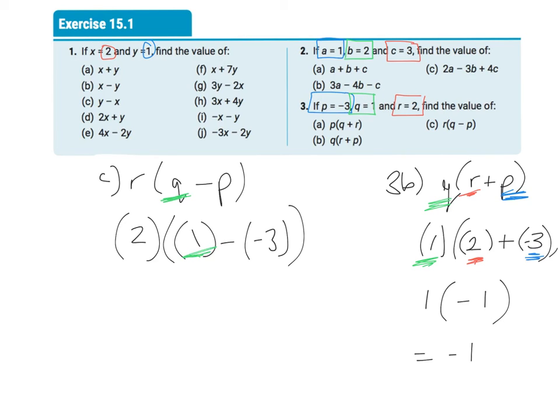Q is here, which is 1. R is 2. And P is minus 3. So we're going to work out the brackets first. So here we've got 1 minus minus 3, which is 1 plus 3. So I end up with a 4, and 2 times 4 is 8.